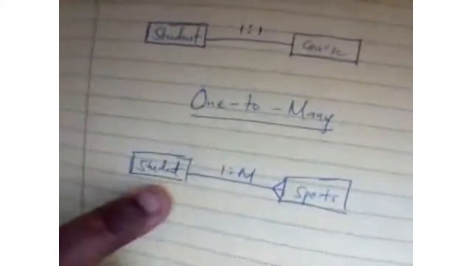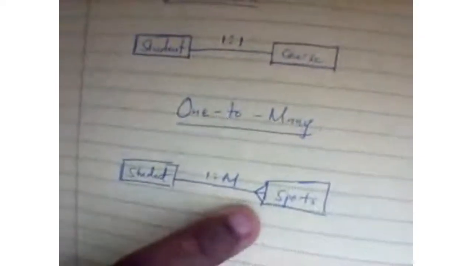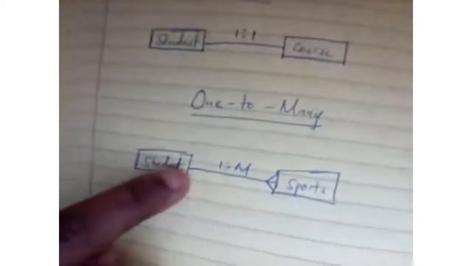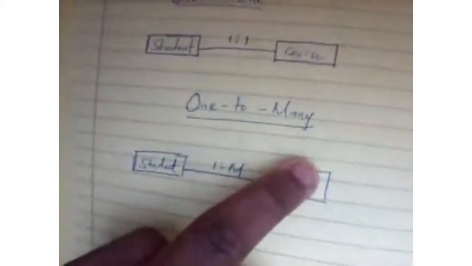One to many, you have one object relating to many other objects, but you don't show how many they are. You draw just one and one, but now this link is what will show one to many. So one student can play many sports.